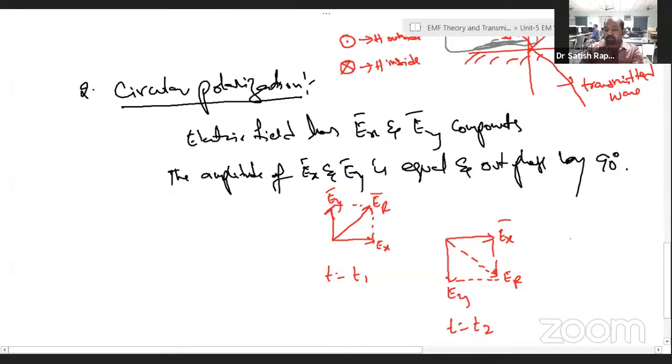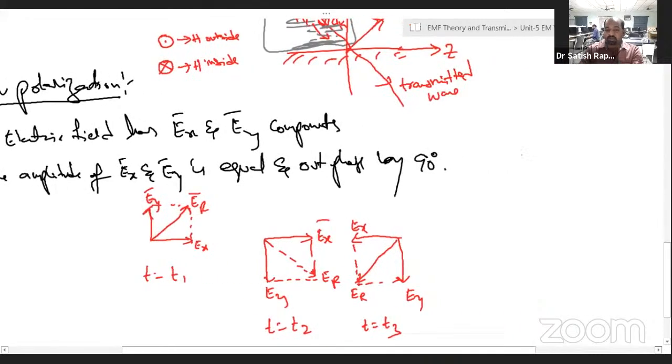Similarly, at t equals t3, this is Ey and this one is Ex, and the resultant electric field.